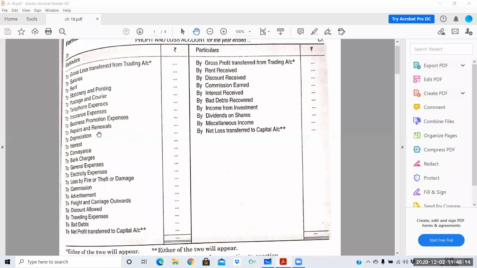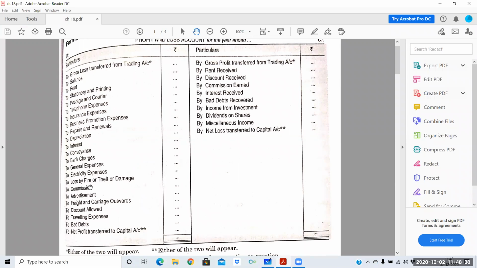Repairs and renewals, depreciation, interest, conveyance means transportation charges, bank charges, general expense, electricity expense. If only electricity is given, then it will be written in the profit and loss account. And if factory lighting is given, factory electricity expense, then it will be written in the trading account.